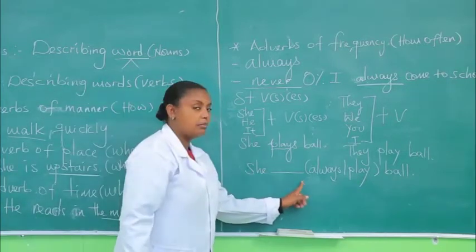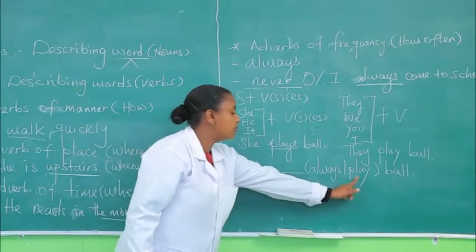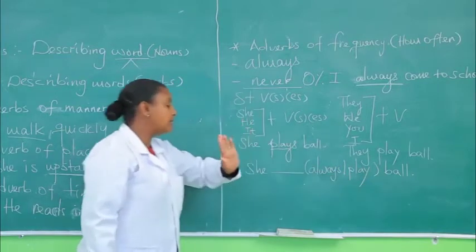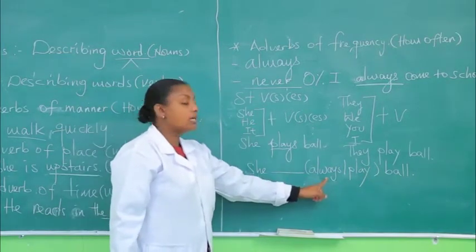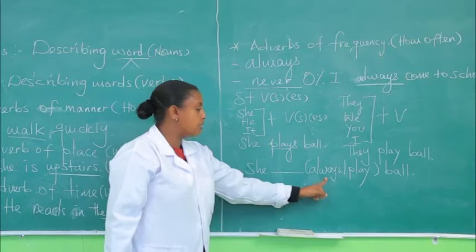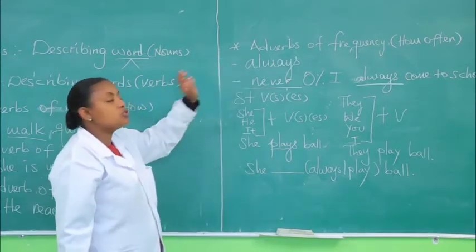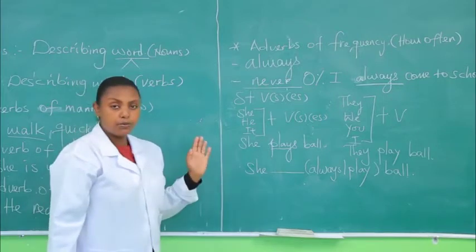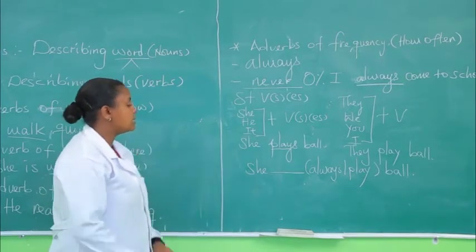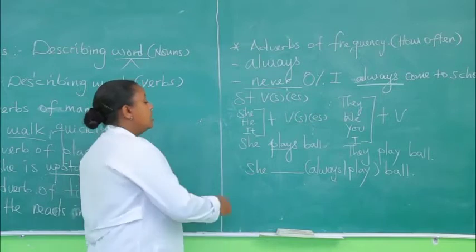She blank always play ball. What did I do? I added only the adverb of frequency. So you remember that we said adverbs of frequency is always used with simple present tense. Simple present tense. So what are we going to do?